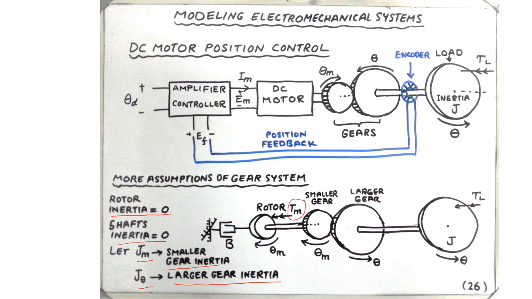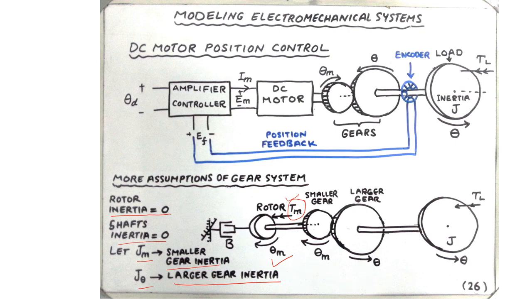So Tm is the torque that is generated by the motor, and it primarily acts on the rotor, as shown here. So the torque applied to the rotor is causing this angular displacement theta m, and they are both in the same direction.